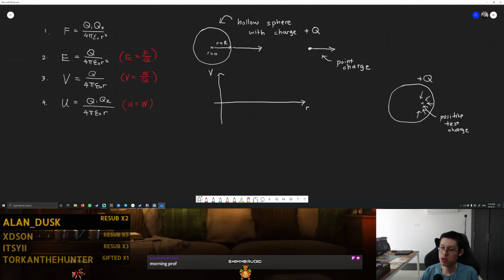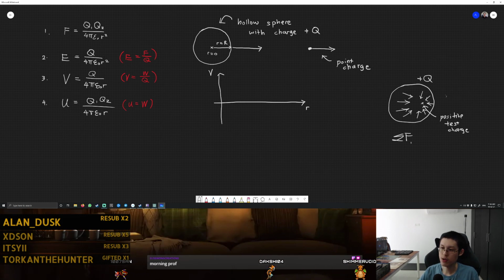But there are more charges over here, which also push on the test charge, though because the distance is further away, they push with less magnitude. In fact, if you work out the integral, you would see that the resultant force experienced by the positive test charge inside the surface of the sphere is actually 0.